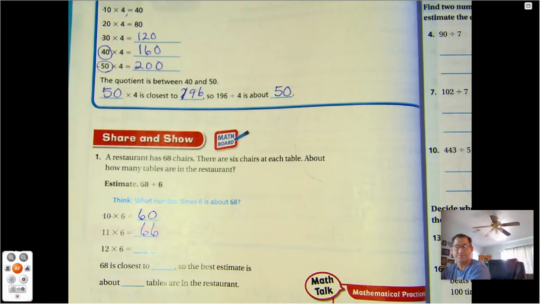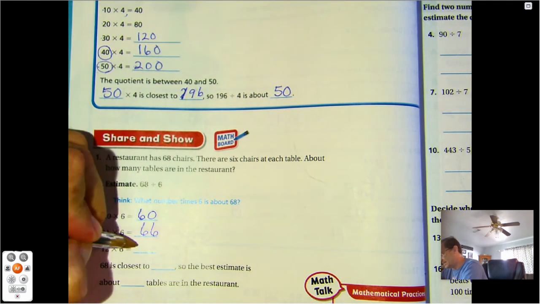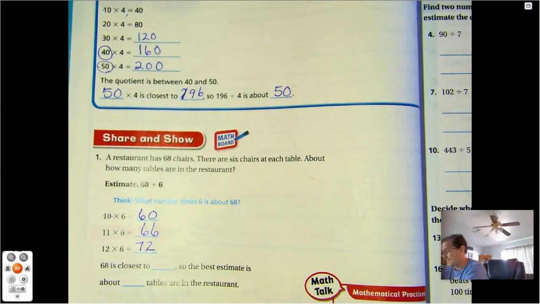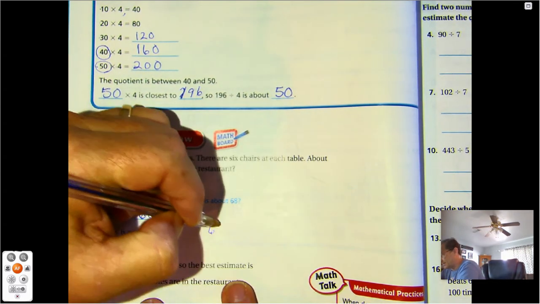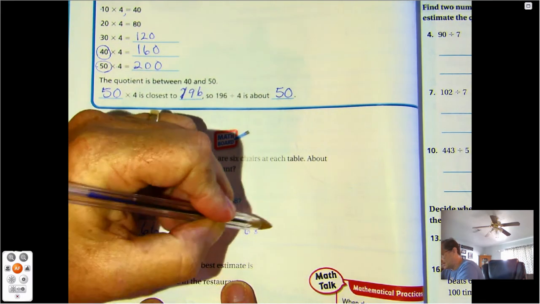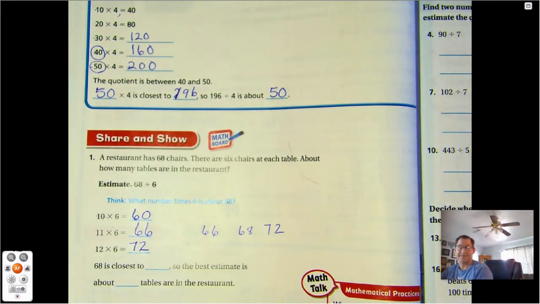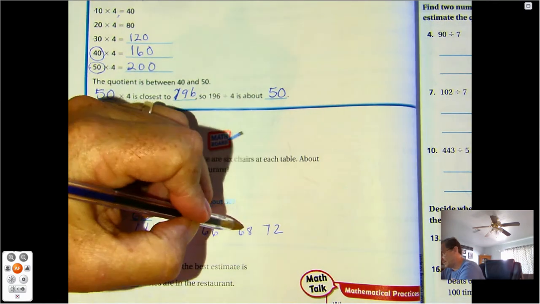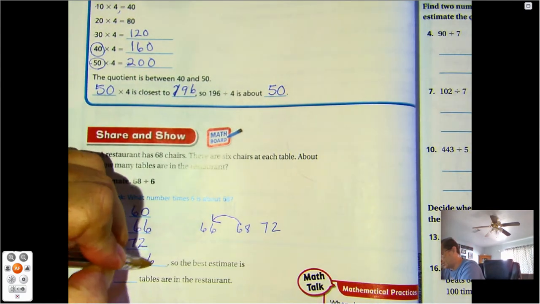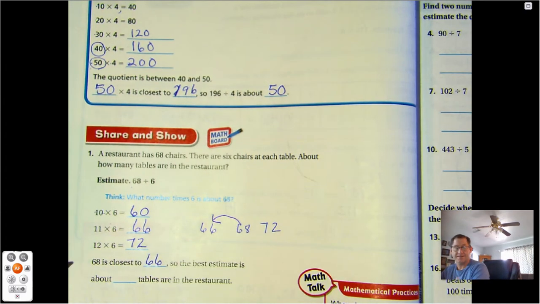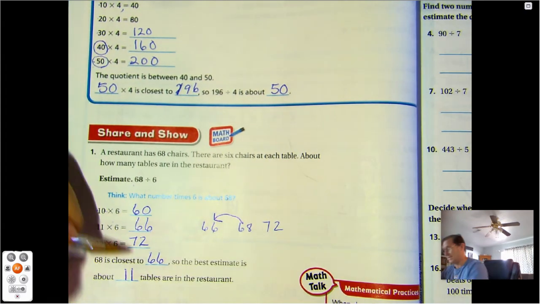If I add another 6, I'd be at 72. So which one of these is 68 closest to? 68 is closest to 66. So the best estimate is about 11 tables in the restaurant.